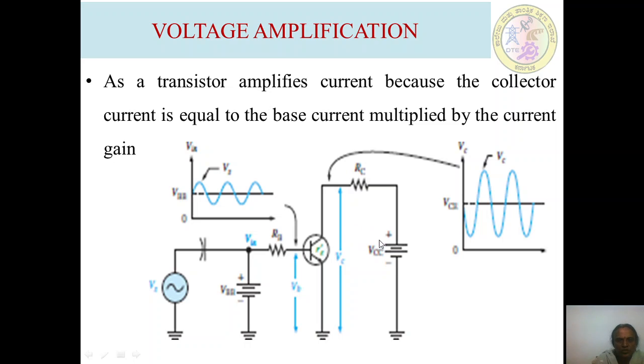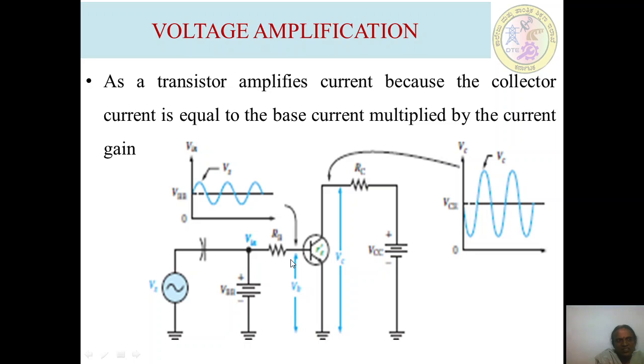VCC is connected to the collector through the collector resistance RC. This is the AC input voltage, which produces an AC base current because the input is connected to the base. The AC base current results in a very much larger AC collector current.